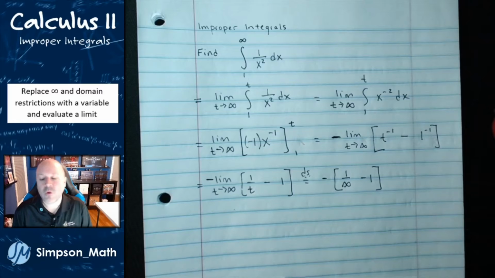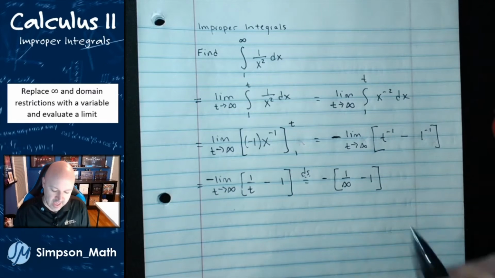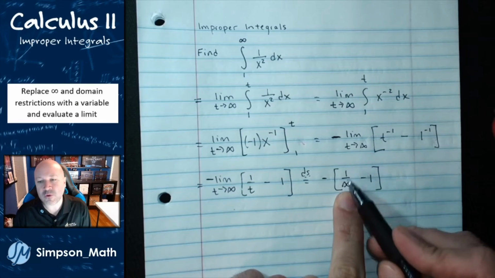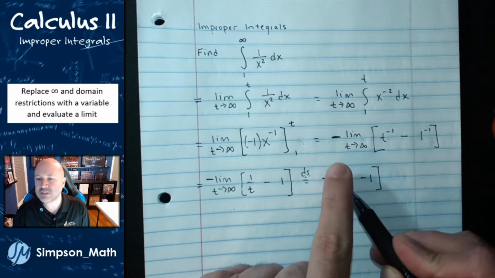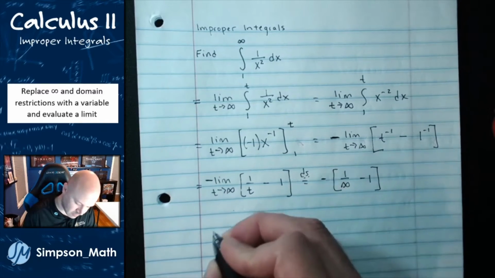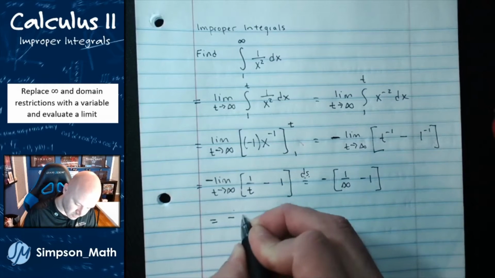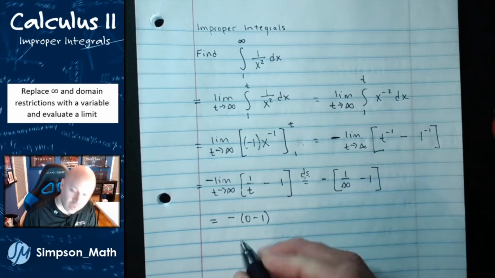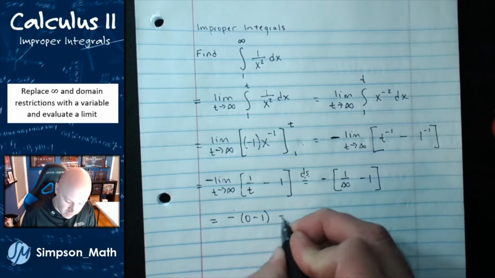And we get a negative 1 over infinity minus 1. And when we're in this limiting process, 1 over infinity is such a small number that it's basically 0. So I have a negative 1.